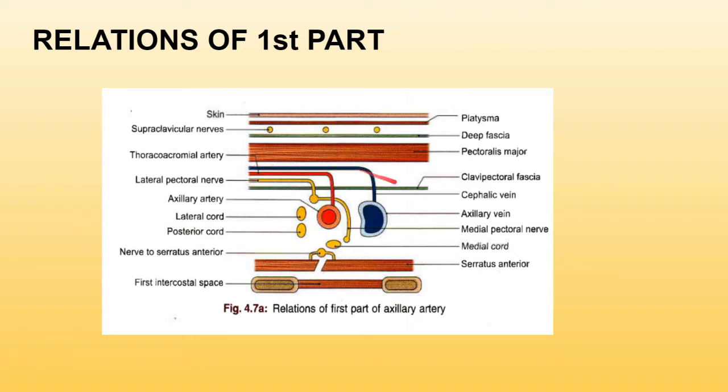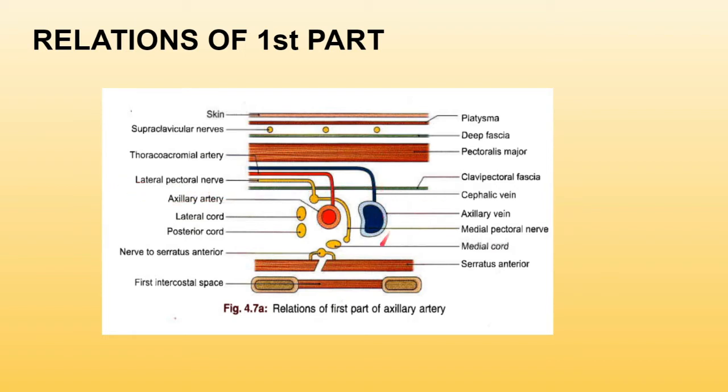V for cephalic vein, A for artery, that is the thoracoacromial artery, and the nerve is the lateral pectoral nerve, and then the clavipectoral fascia. And over here, as you can see, there is the connecting loop of the lateral pectoral nerve and the medial pectoral nerve also. Okay, so up till this we are having the anterior relation, up till the connecting loop of lateral and the medial pectoral nerve.